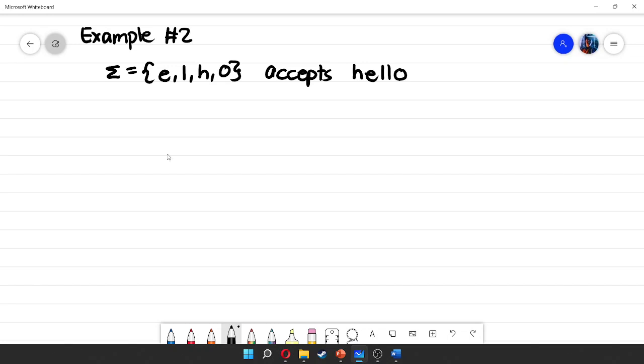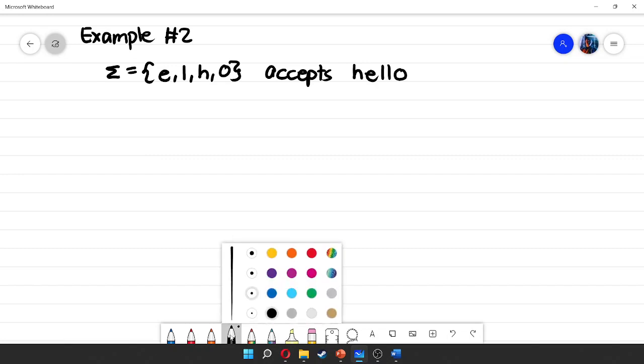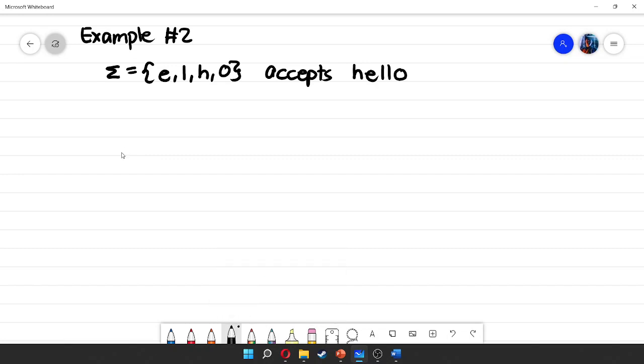So what we usually do if mag-accept tag mga string like substring nga hello, we can create states or transitions for each letter. So, for example, we have 5 states.